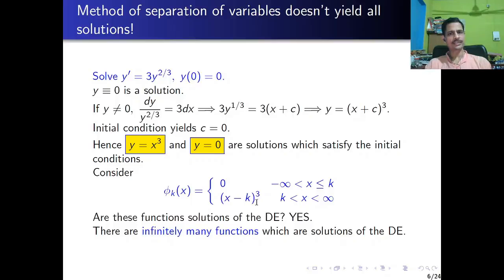So that implies that the above given initial value problem has infinitely many solutions. So all these infinitely many functions, where k is greater than or equal to 0, are the solutions of the differential equation or initial value problem.